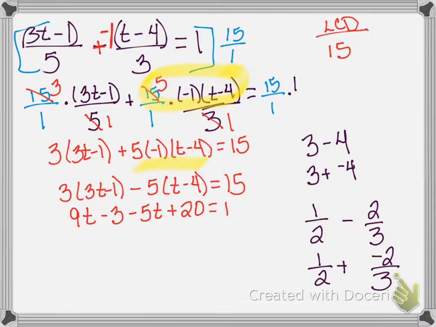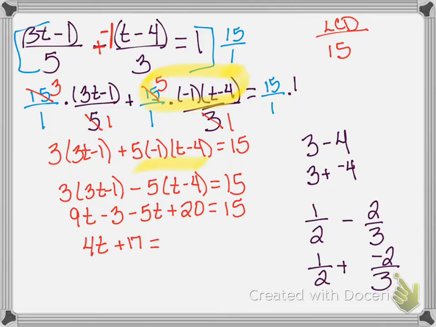And what happens if you don't deal with that negative from the beginning? You end up with minus 20 right there. That's where the mistake is if you don't deal with that negative 1. So now I've got negative 5t plus 9t, 4t. Negative 3 plus 20 is 17.